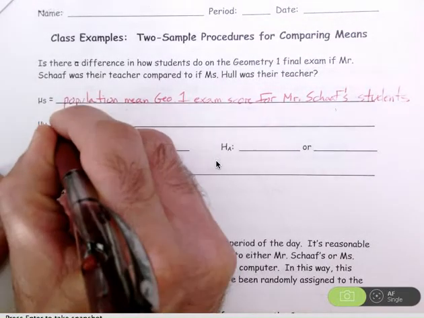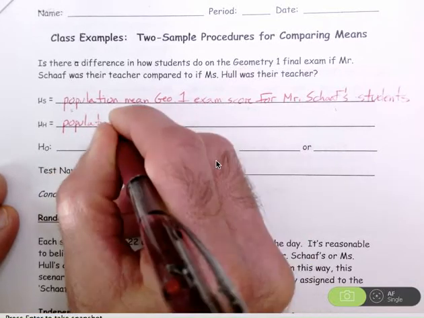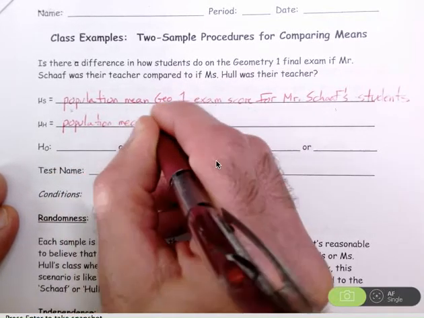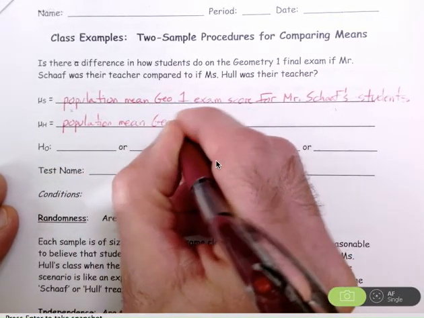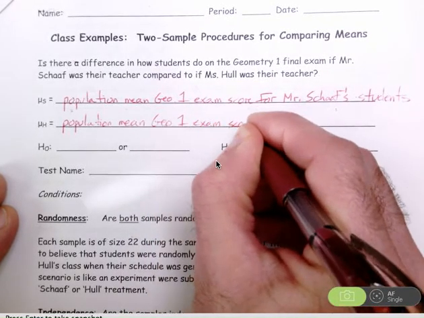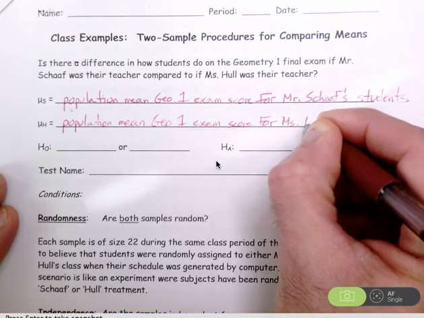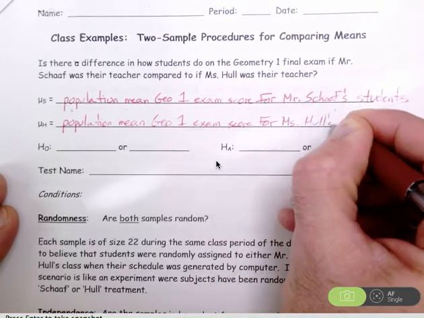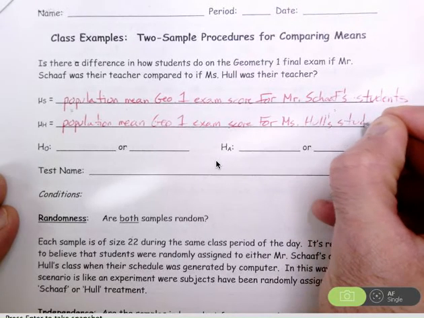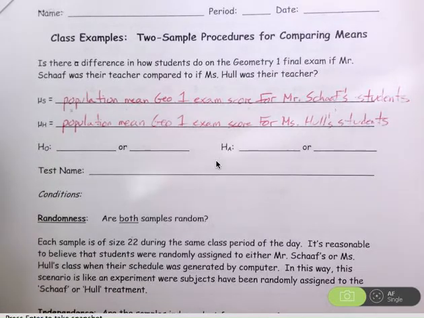This is the population mean Geometry 1 exam score for Ms. Hull's students. So the first thing you want to do is identify the parameters that you are interested in basing a test around.